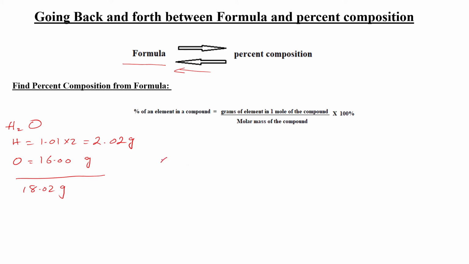Now if you have to find percent of hydrogen, it is going to be mass of hydrogen in 1 mole, which is 2.02 gram, divided by molar mass of the compound, which is 18.02 gram, multiplied by 100%, which will give you the percent of hydrogen. And you will have 11.2097%.